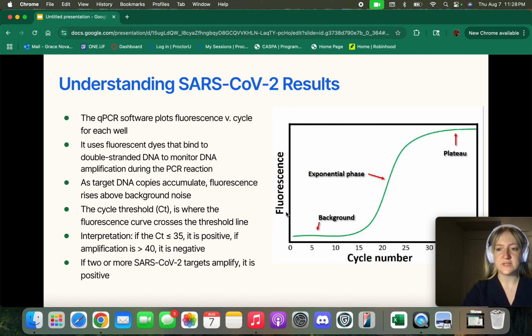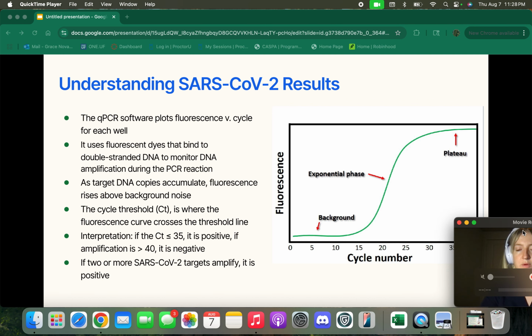This is what we call the cycle threshold, or CT for short, where the fluorescence curve crosses the threshold line. In these tests, it is important to know that the lower the cycle number, the more of a positive result it is. So here, the interpretation is if the CT is less than or equal to 35, then the likelihood of it being positive for COVID is high.